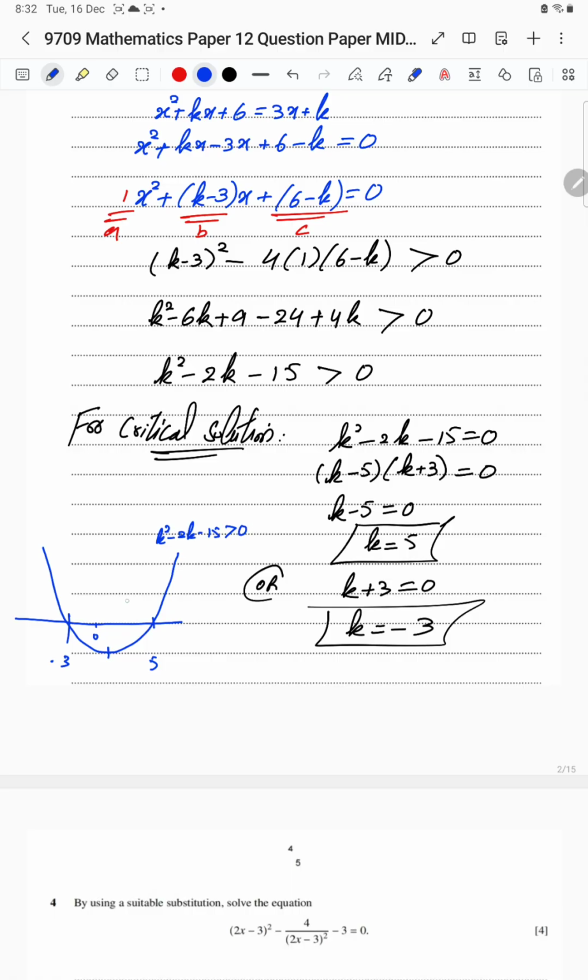When you replace k with 0, we get minus 15. That is not bigger than 0. So this is the false region. So my true region will fall either less than minus 3 or greater than 5. So the final answer is k is smaller than minus 3 or k is bigger than 5. These are the two ranges of k. We justify this condition.